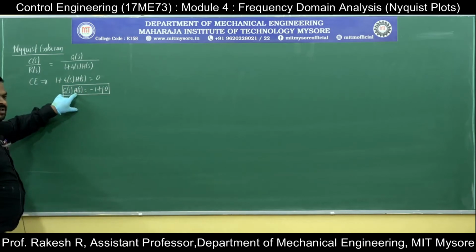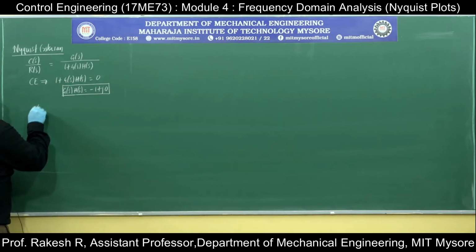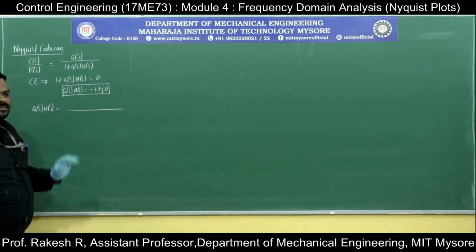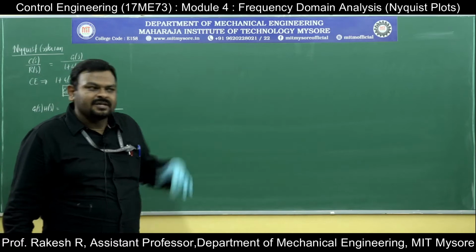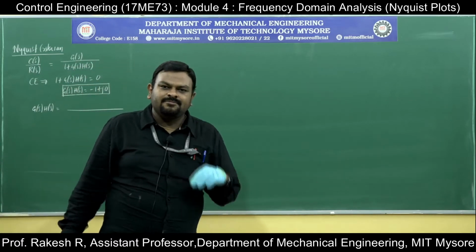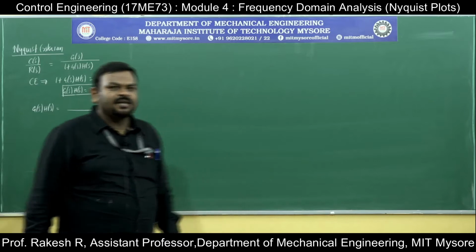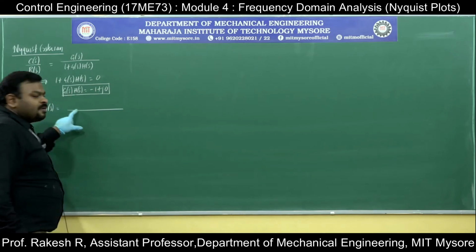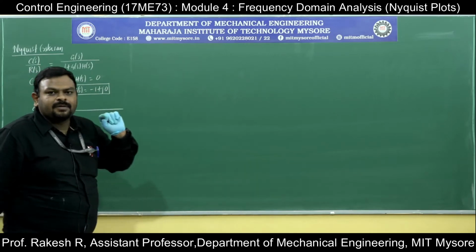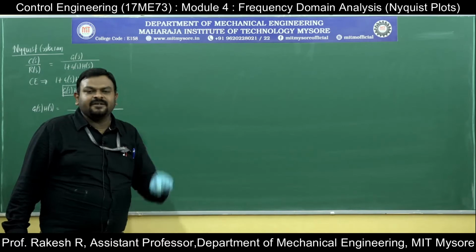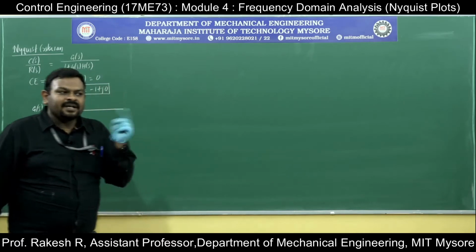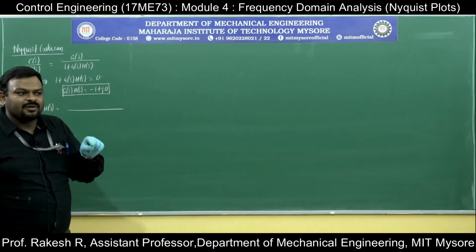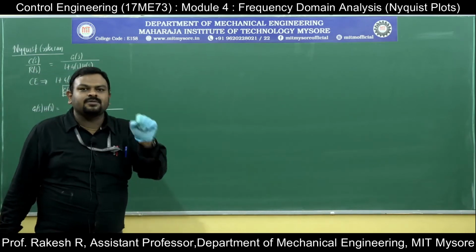If I consider only G of S H of S, there are some terms in the numerator, some terms in the denominator. You have solved examples like 10 divided by S plus 1, with some terms in the numerator, some in the denominator, S square in the denominator, something like that. According to the mathematical concept of stability, for a stable system, the zeros must lie on the negative part, or the zeros must be negative or complex conjugates.